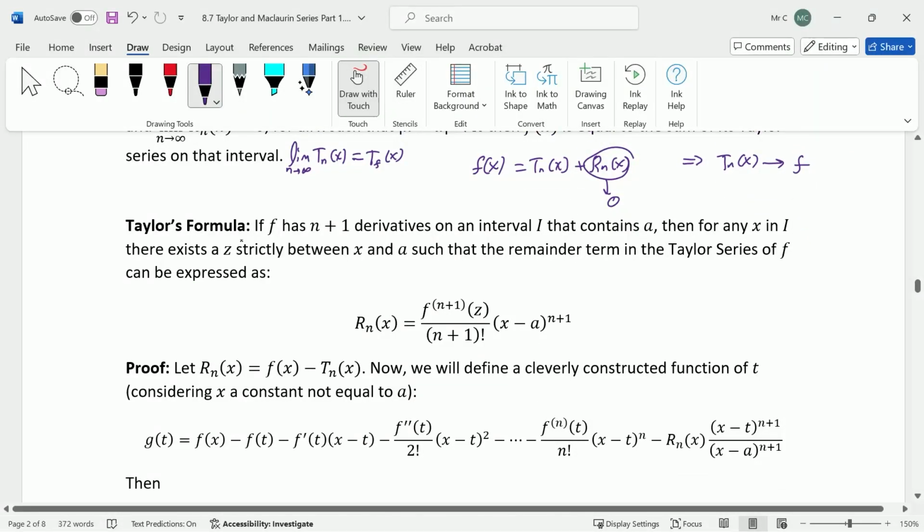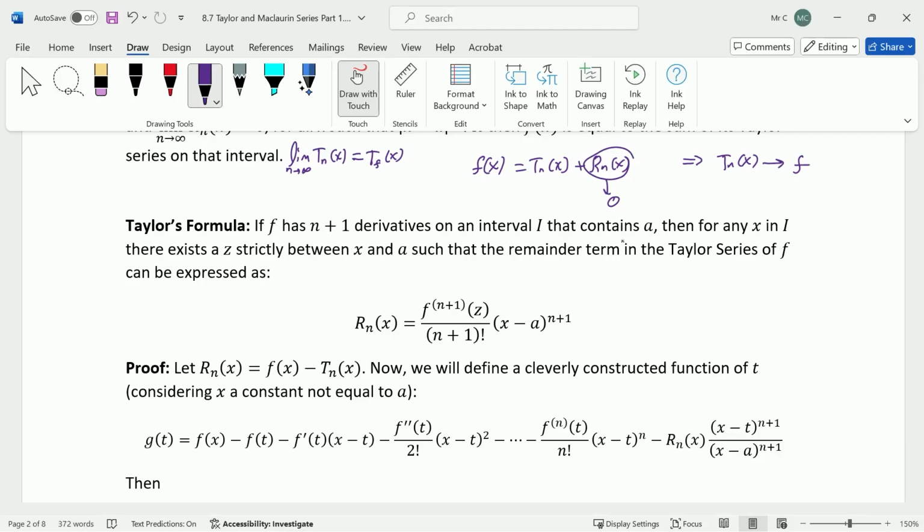So Taylor's formula: if f has n plus 1 derivatives on an interval I that contains a, which is where we centered our power series, then for any x in that interval I, there exists a z strictly between x and a, such that the remainder term in the Taylor series of f can be expressed as r sub n of x equals the n plus 1th derivative evaluated at z divided by n plus 1 factorial times x minus a to the n plus 1th power.